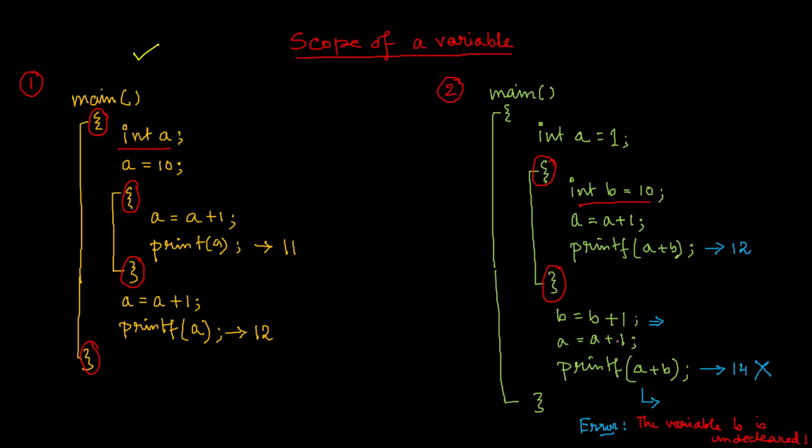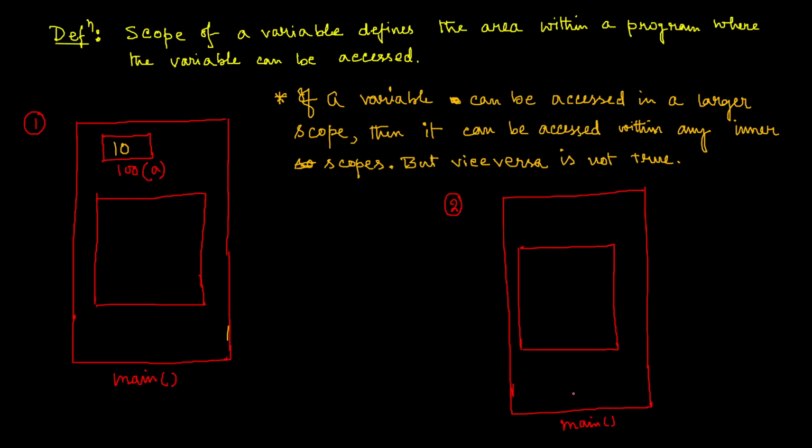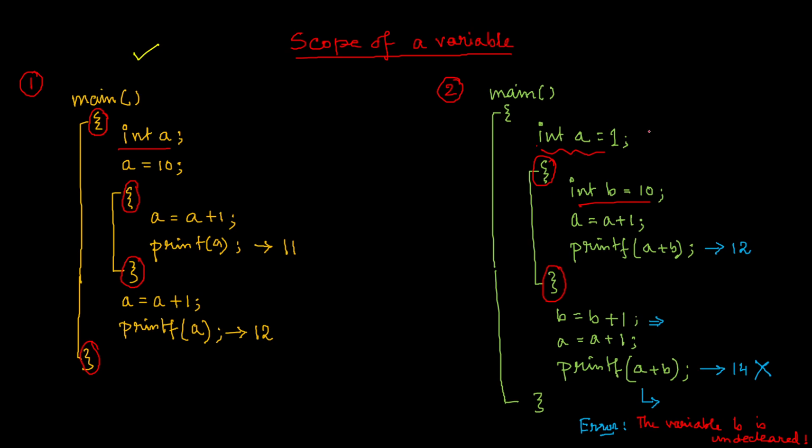And you see that variable A was declared here, whereas variable B has been declared here. With respect to this, if we draw the location of variables A and B, variable A is definitely present over here in the outer scope, under this bracket.